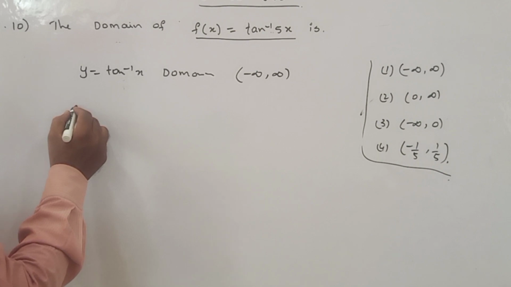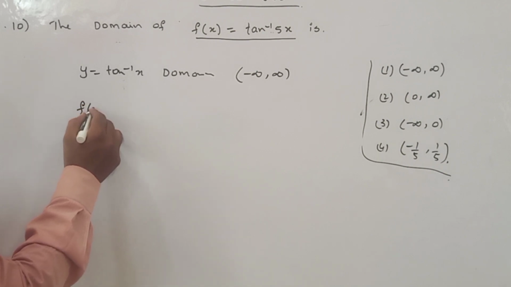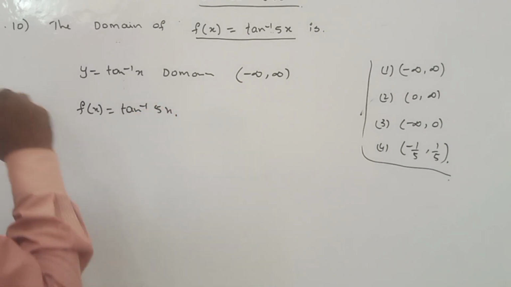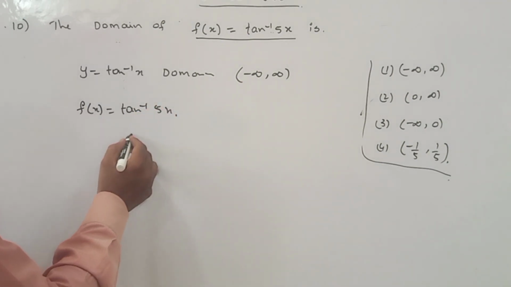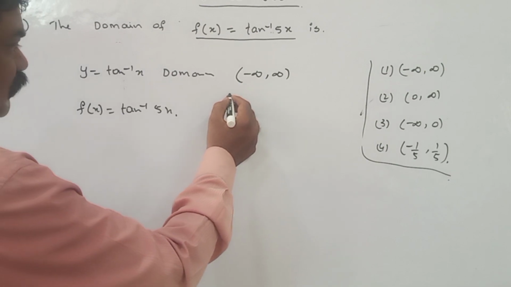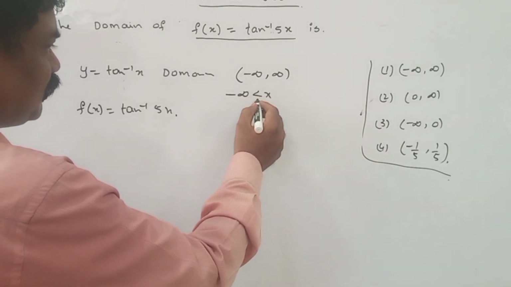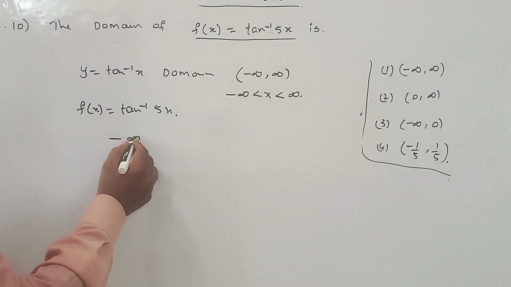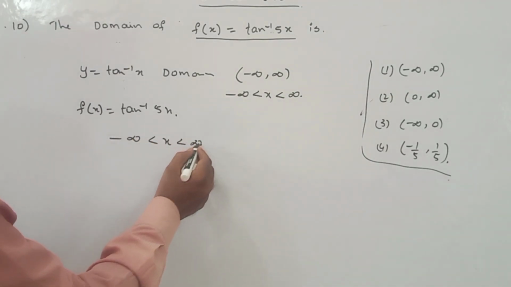So here f(x) = tan inverse of 5x. Means here minus infinity less than x less than infinity.